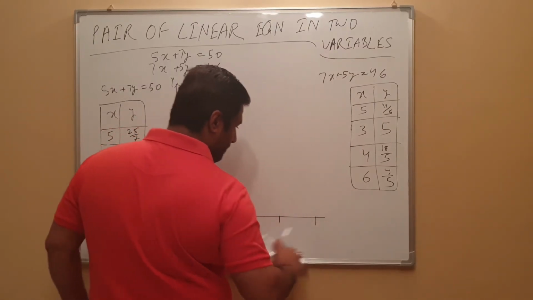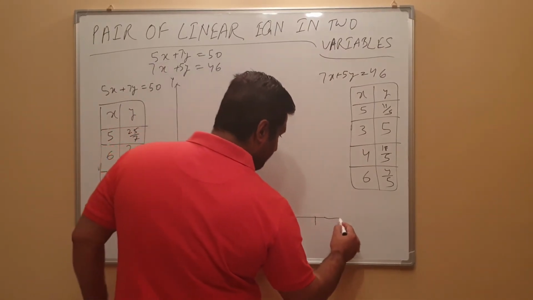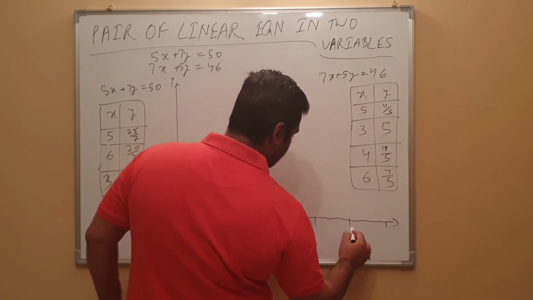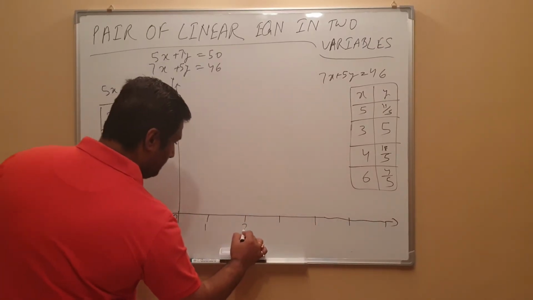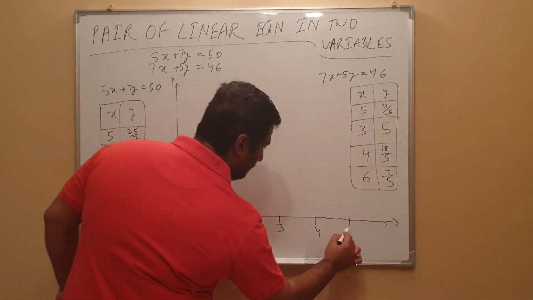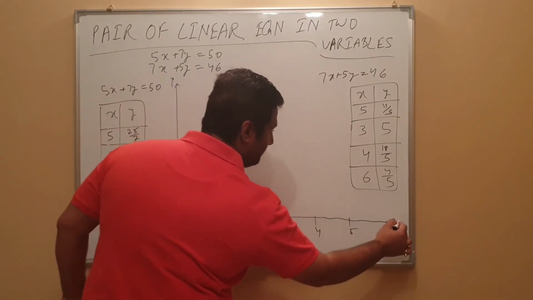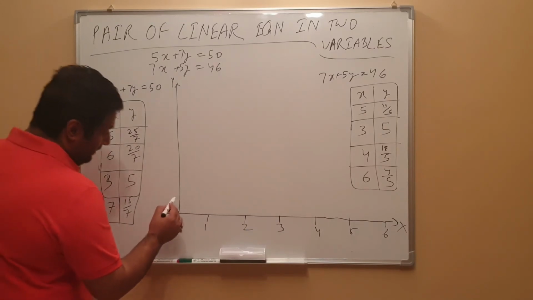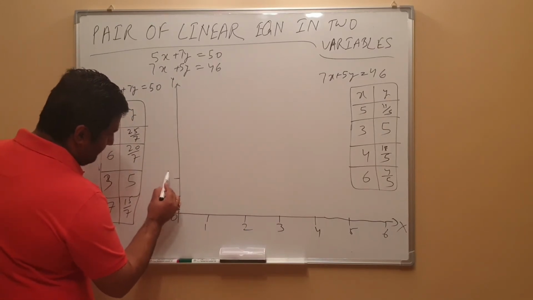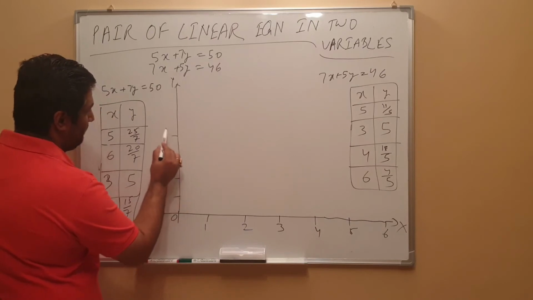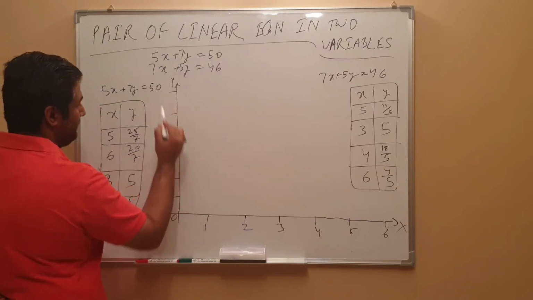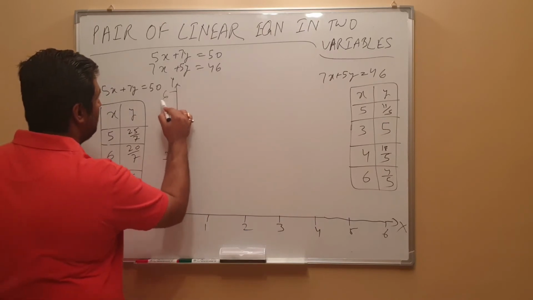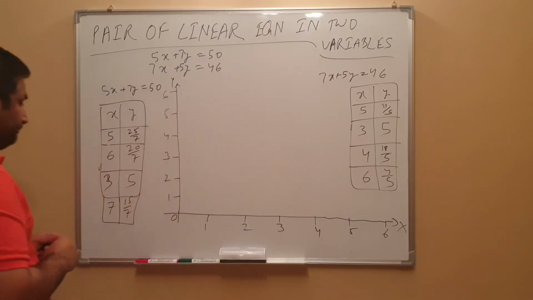Let's make this a bit longer. 5 and 6. This is your x-axis. On the y-axis, we'll take again 1, 2, 3, 4, 5 and 6, correct?